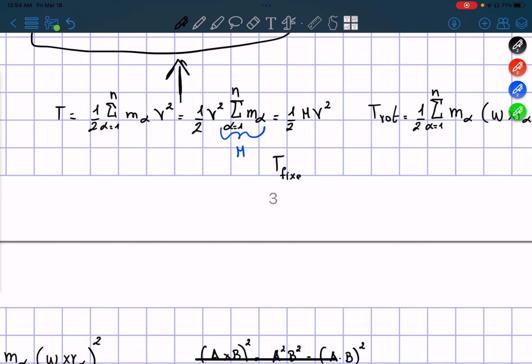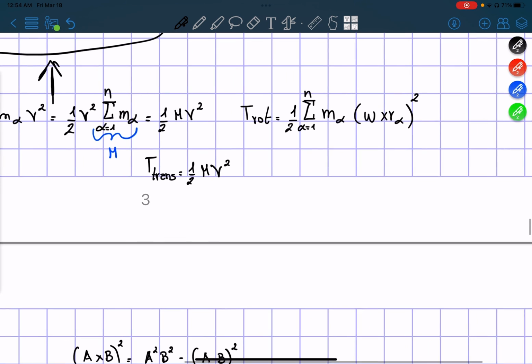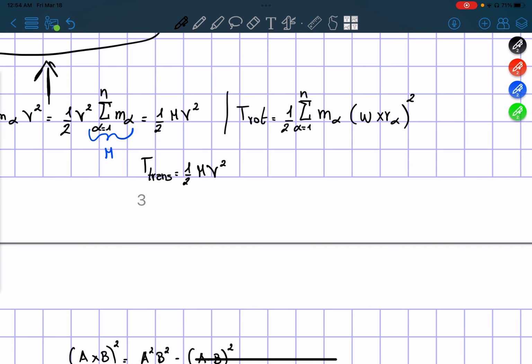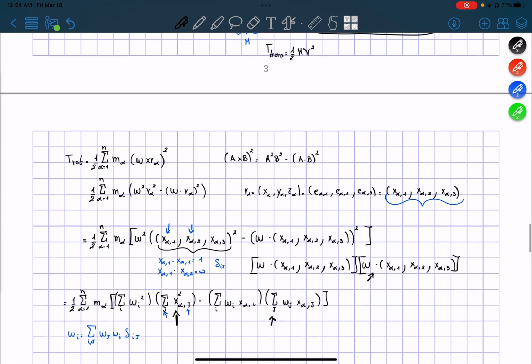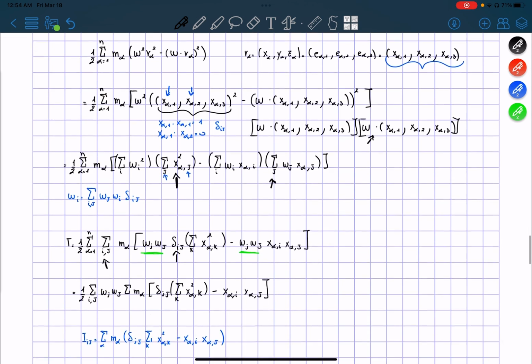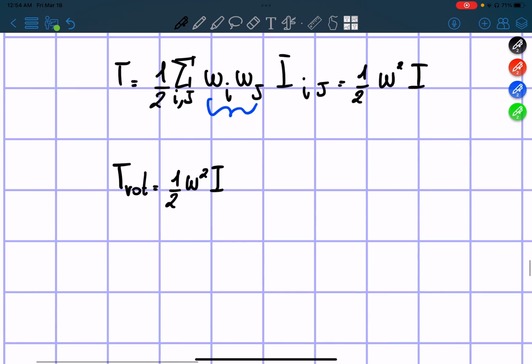And the fixed, I don't know what we call it, fixed. The book actually called it translational because we're moving on a straight line. 1/2 capital M B squared, and the rotational there is equal to this, and then we simplify the rotational by making it a little bit harder in the meanwhile in order to get this part here.